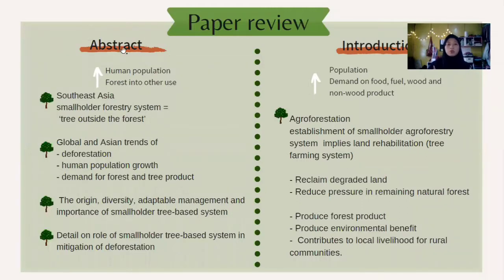Okay, proceed to the abstract of this paper. As the human population increases in the world, the conversion of forest into other uses also increases. In Southeast Asia, the smallholder forestry system's prominent component is trees outside the forest, which are trees that we plant outside the forest.